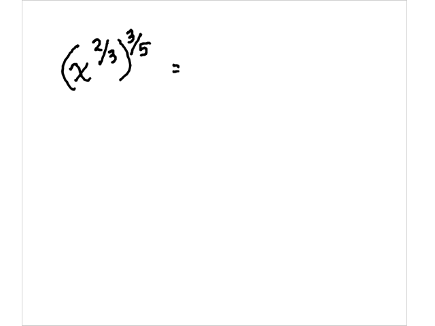Now in this case, when you raise a power to a power, you should multiply the exponent. So we're really going to do 2/3 times 3/5. And we should be really good now, since we just finished a chapter on rational exponents, we should know to cancel those. And so in simplest form, that would be x to the 2/5 power.